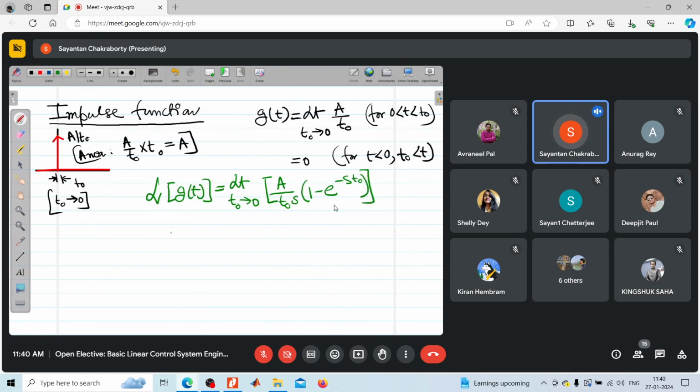Now I have to use the very standard practice of differentiating with respect to t0, and if you couple this, it will come out to be a.